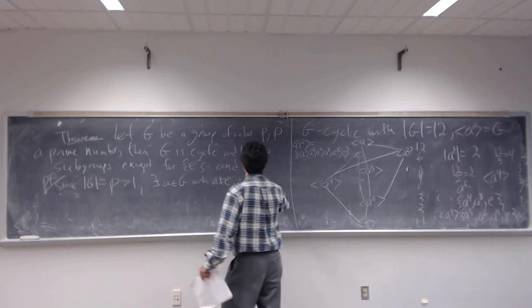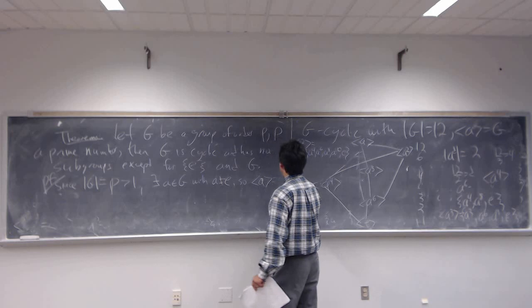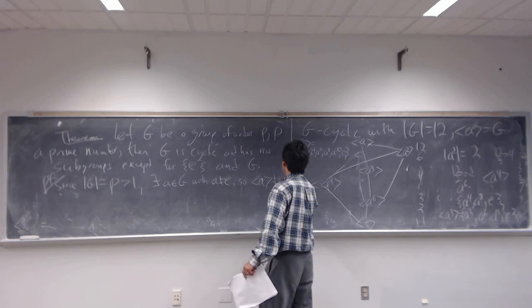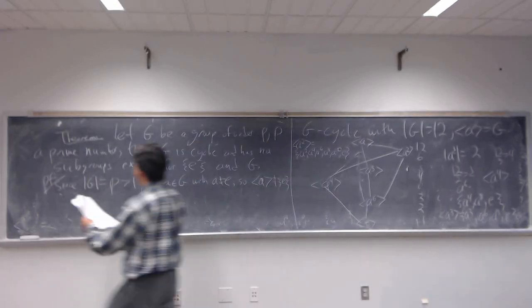So the cyclic subgroup generated by A can't just contain the identity. It's got more than one element.